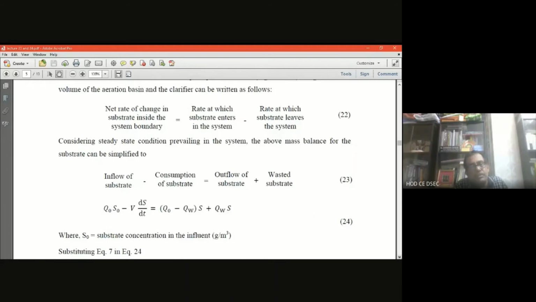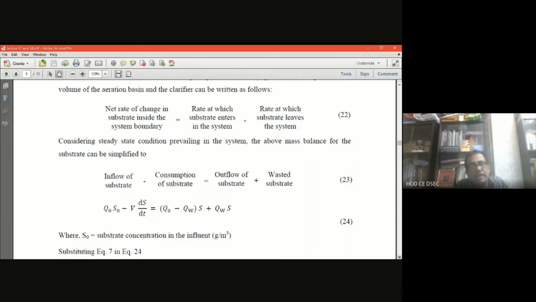So that is the total quantity of substrate inflow. Consumption of substrate means minus V dS/dt, where V is the volume of the tank, equal to the outflow of the substrate, that is (Q0 minus QW), the effluent, which we call outflow, times S, plus QW times S.